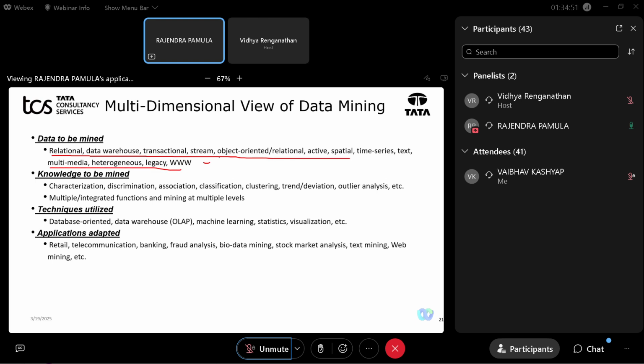It is not a single type of data. And the main characteristic is that knowledge is to be mined. Either you do it by classification, clustering, deviation, outlier analysis, association analysis, anything that you want to do, but knowledge has to be extracted.